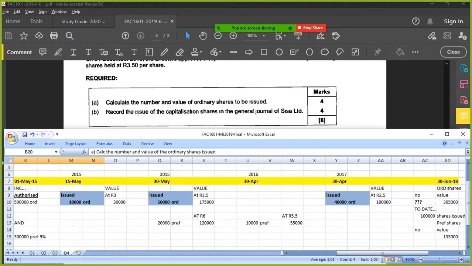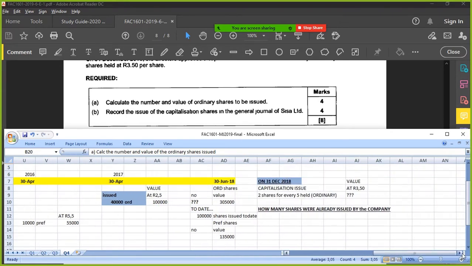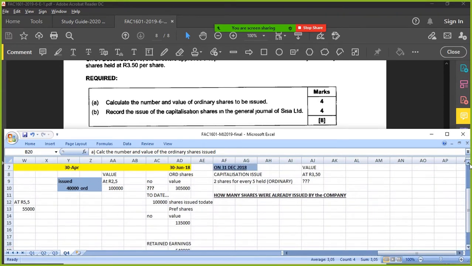Then we need to record the issue of the capitalization issue. So in other words, we're focusing here. How many shares were already issued by the company? 100,000 shares.